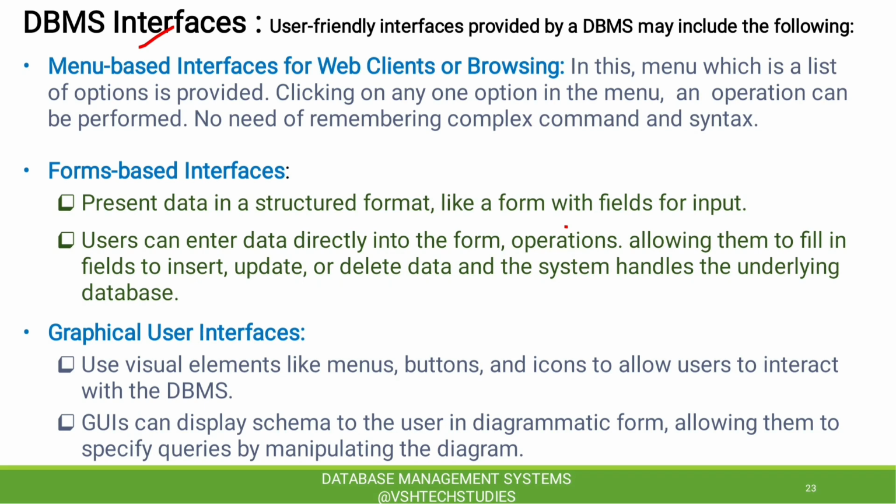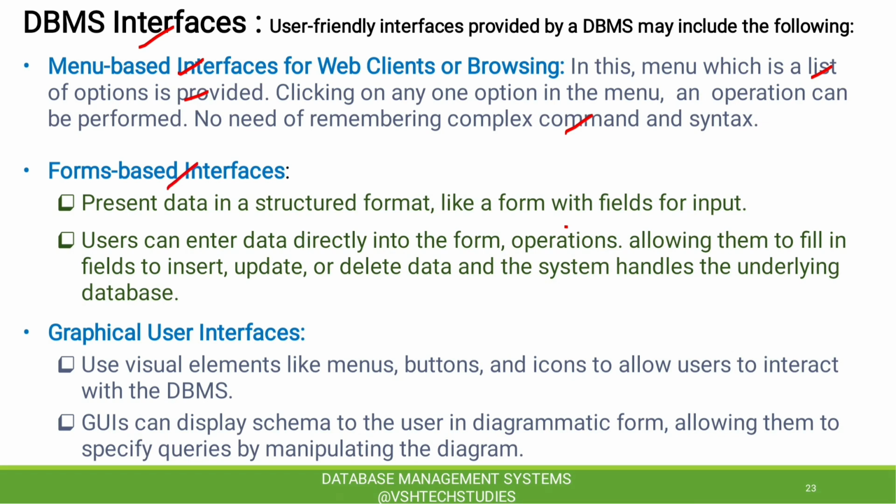The first one is menu based interfaces. These are meant for web clients or browsing. In this, a menu, which is a list of options, is provided. By clicking on any one option in the menu, an operation can be performed by the user. Here the user need not remember complex commands and syntax.